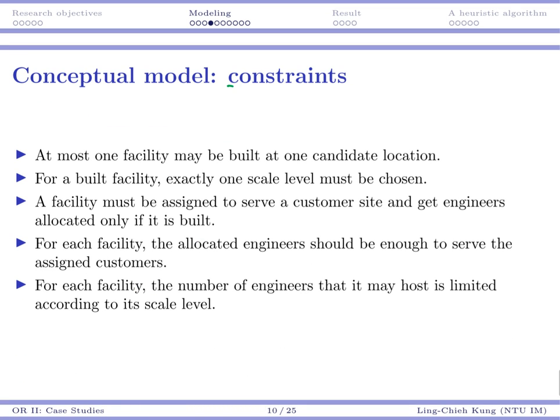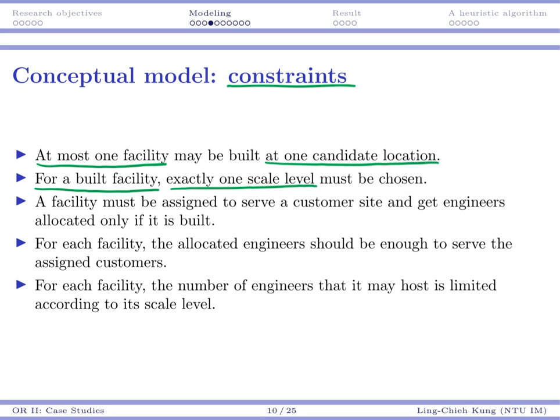And finally, we must have some constraints. Otherwise, we will do our decisions in any way. So what are the constraints? There can be at most one facility at any candidate location. So that's obvious. You cannot build 2 facilities in one location. If you build a facility, then you may choose exactly one scale level.